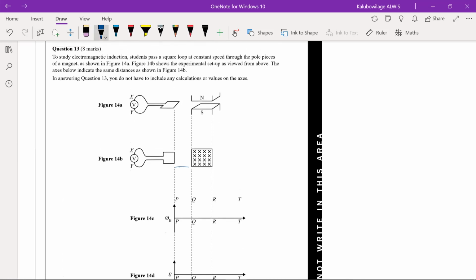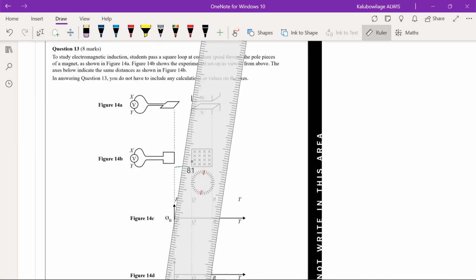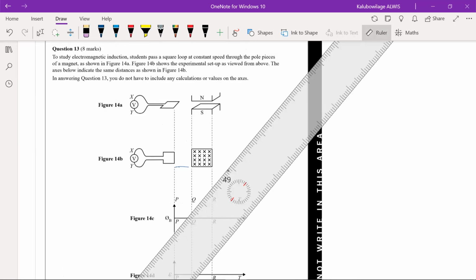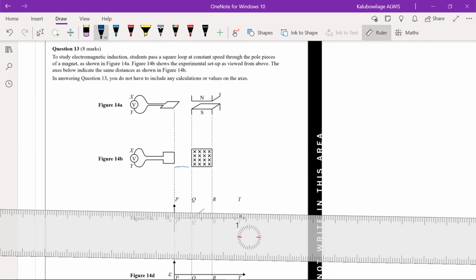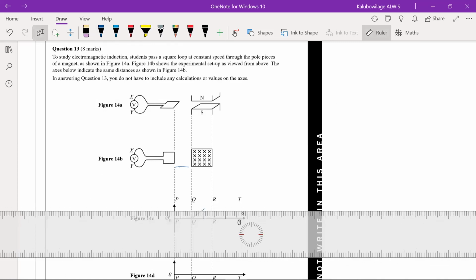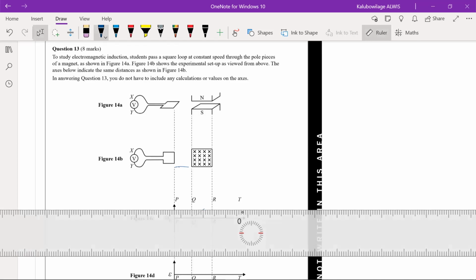Then the loop is entering, so the flux increases, and it'll be straight. It increases, but at some point the whole square is inside. So there'll be no change in magnetic flux until it reaches the end.